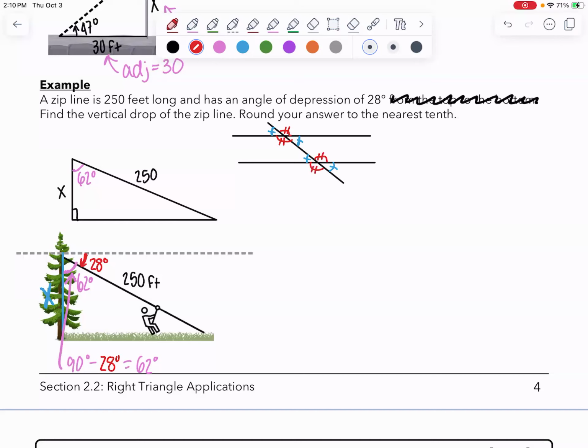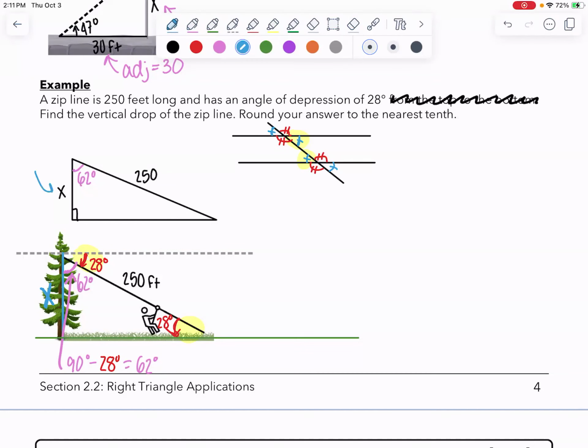What is useful for us here is the ground is parallel to this horizontal, so if this is 28 up here, then down here, this has to be 28. You're able to do this either way, by finding the 28-degree angle or the 62-degree angle. I'm just going to work with the 62-degree angle. I have no reasoning other than that's what I want to do.